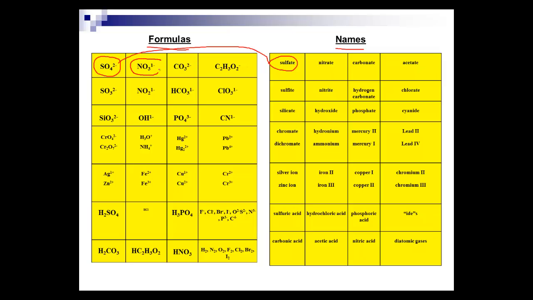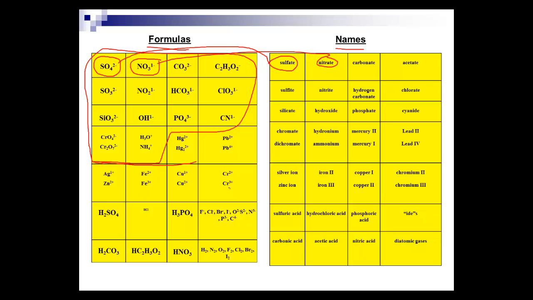NO3 negative 1, we just looked at that one. That was called nitrate. And I will have you make flashcards from this, and then we'll spend a whole lot of time in class becoming familiar with all of these polyatomic ions and other compounds. These are the polyatomic ions here. On the same sheet of paper, I have also given you some other things to memorize.